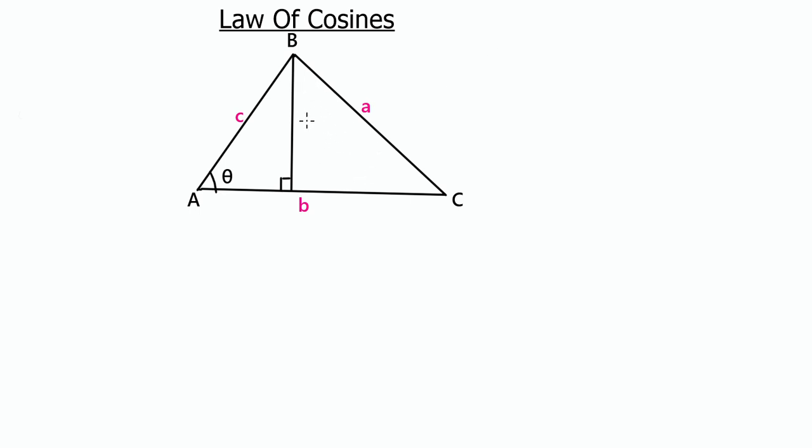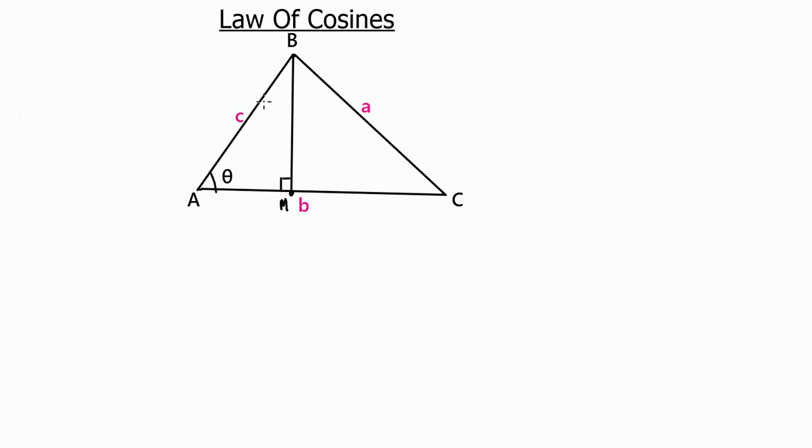Here we have drawn this perpendicular from the vertex B, so we can get a right angle triangle, and then we can apply all the right angle concepts that we have learned. For example, in this case, there are two right angle triangles. If I name this point M, then ABM is one right angle triangle and BMC is the other right angle triangle.